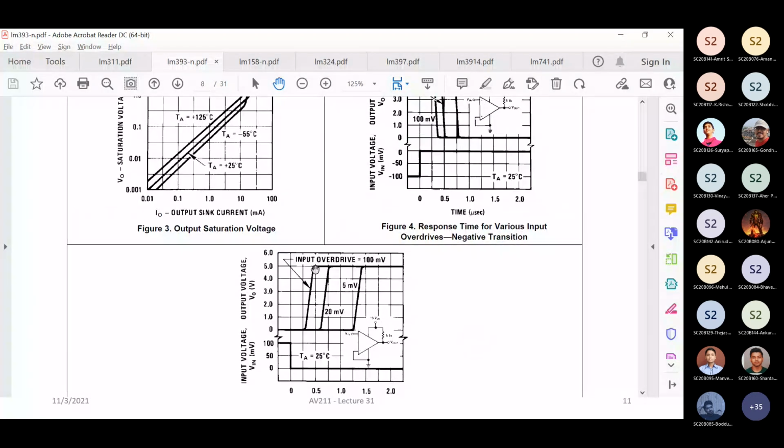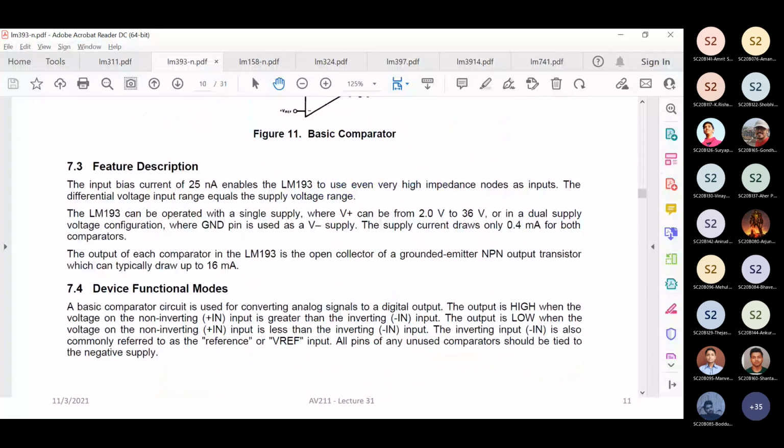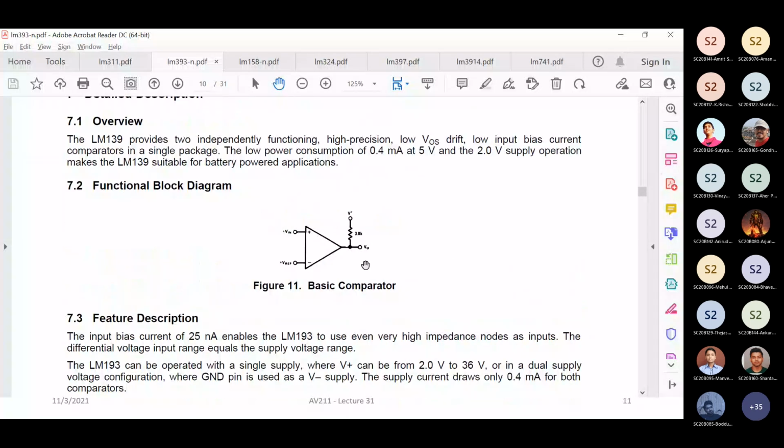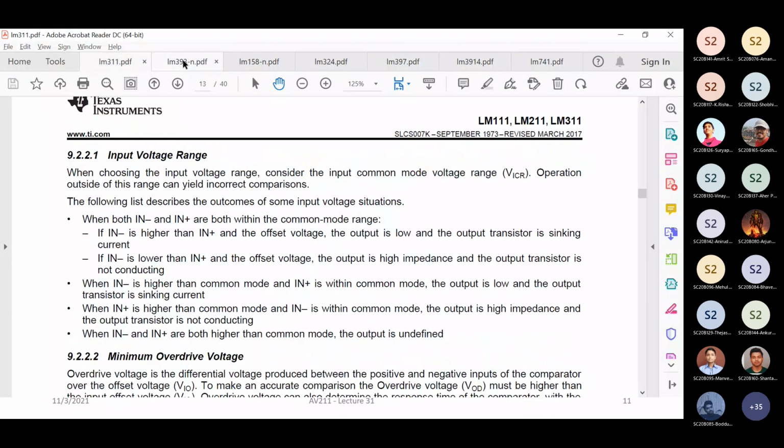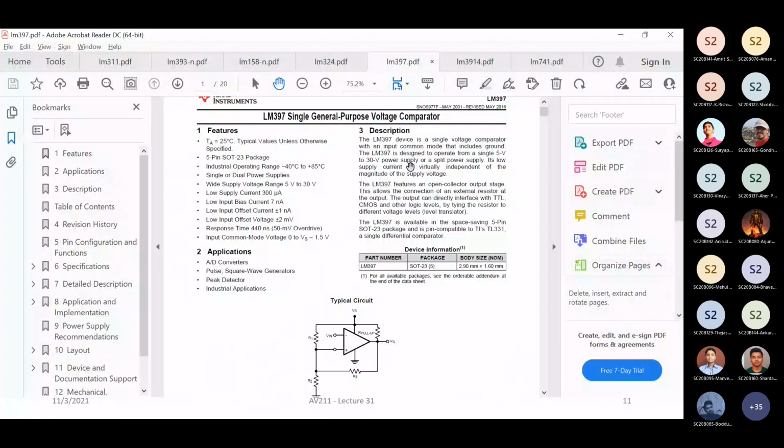So here you can see, for different input overdrive voltages, you will have different slew rates. And this is the basic comparator operation. You put a pull-up resistor, some 3K they have used, and then you have your comparator operation. So LM393 and LM311 are all comparator ICs, whereas 324 is an op amp, and 397 is also another general purpose comparator.